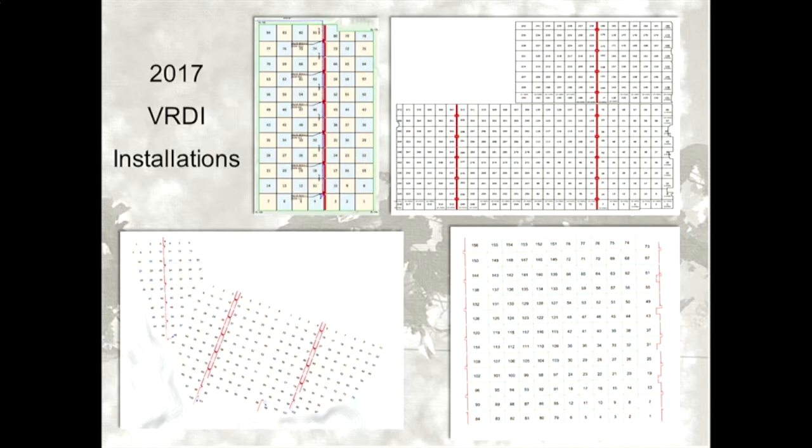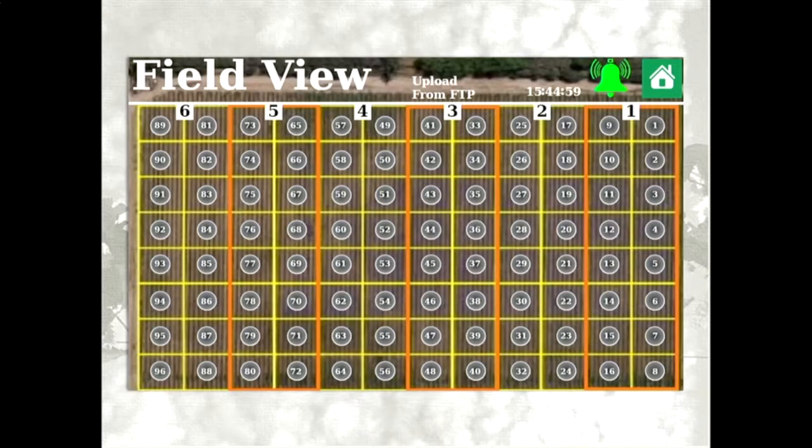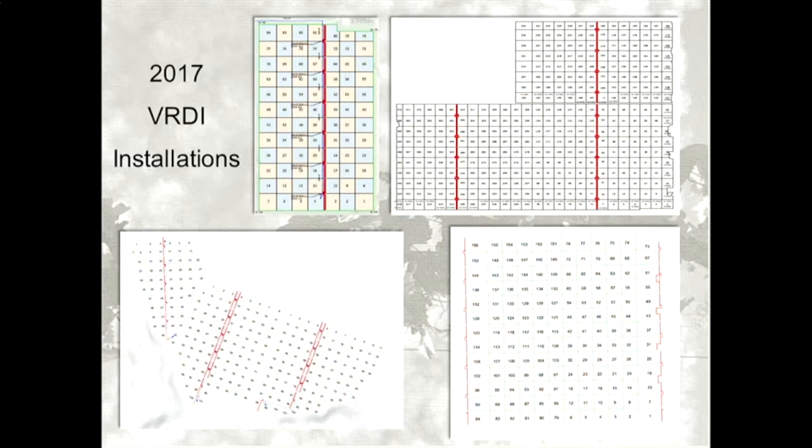2017 installations, we're going full speed ahead with about 200 acres over this season and next season. These are full blocks, not trial. The previous one, there's another 50 acres this way. These are full blocks. This is going to be the most challenging one. There are 300 or 400 zones in this block.